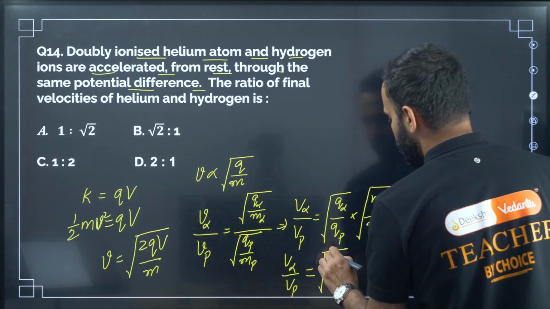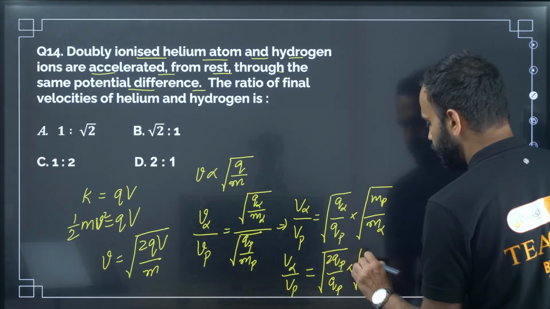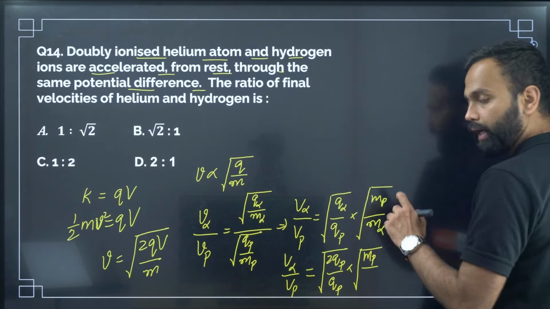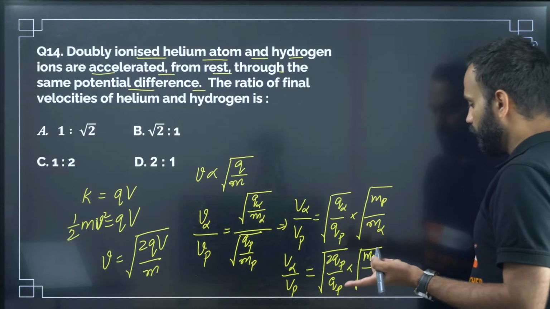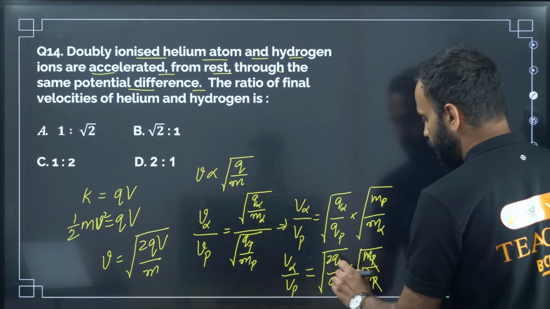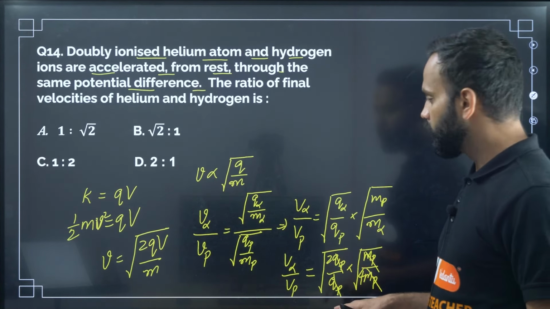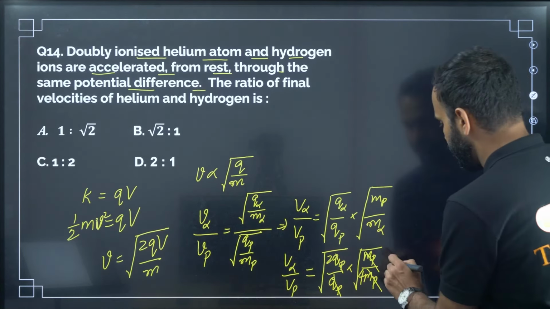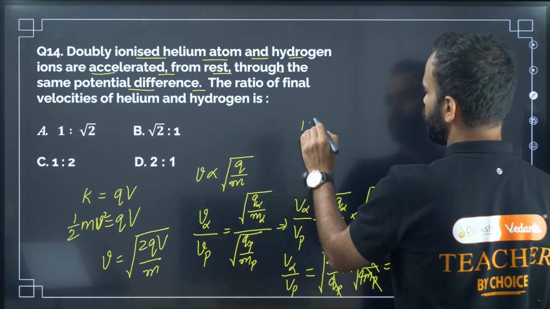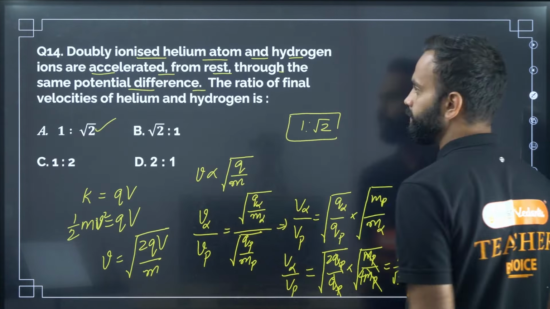So 2 times qp divided by qp into root of mp, the mass of the hydrogen atom, divided by m alpha, the mass of the helium atom. The mass of the helium atom is 4 times the mass of the hydrogen atom. So mp will get cancelled, qp will get cancelled. So root of 2 by root of 4, that is 1 by root 2. So the ratio will be 1 is to root 2. The correct option is A.